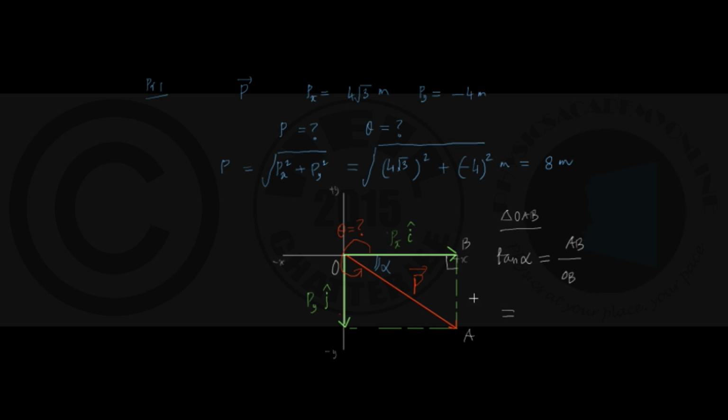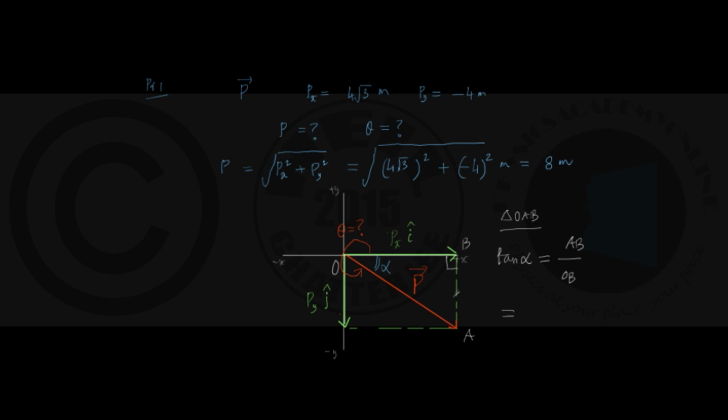When I talk about the length only, we don't consider the minus sign. This is important. The minus sign has already been taken care of in the fact that Py has been drawn in the minus y direction. But the length of an arrow cannot be negative. That's just 4 units, 4 meters. On the other hand, OB, the length is equal to the magnitude of Px, that is 4 root 3.